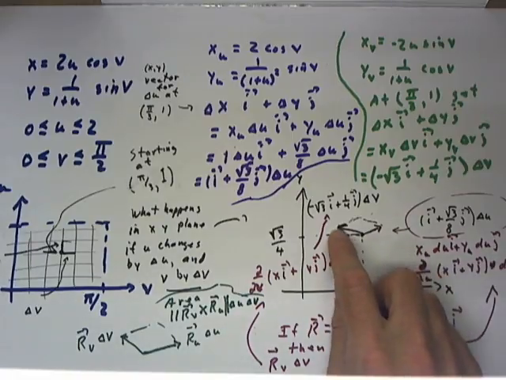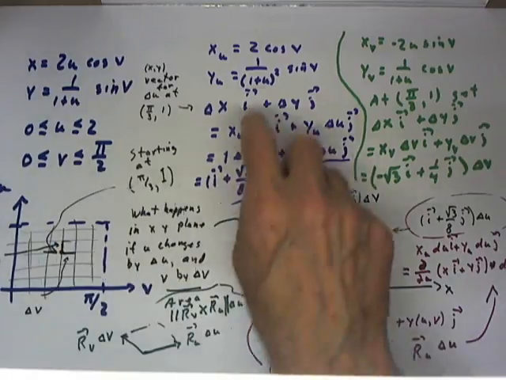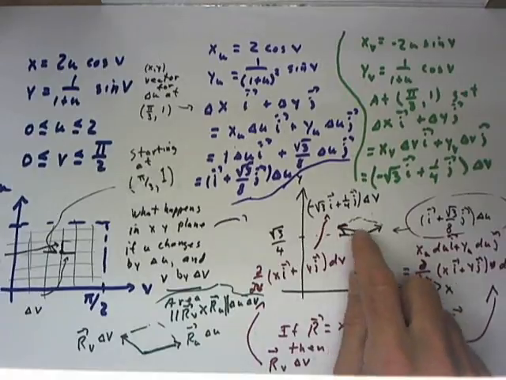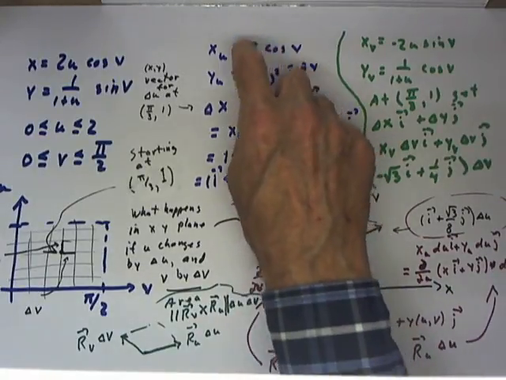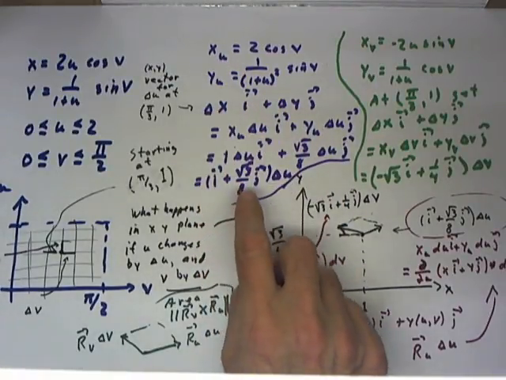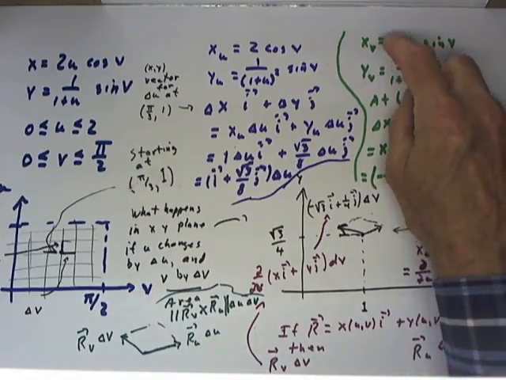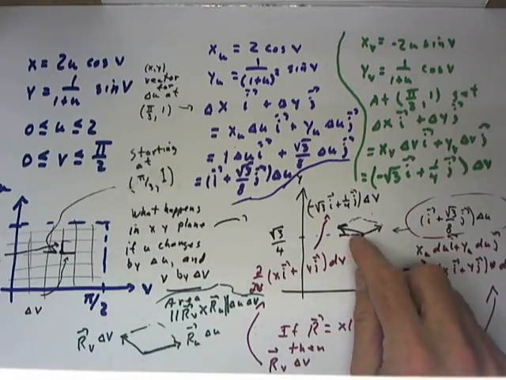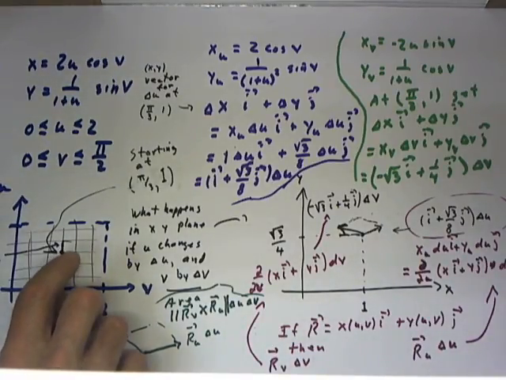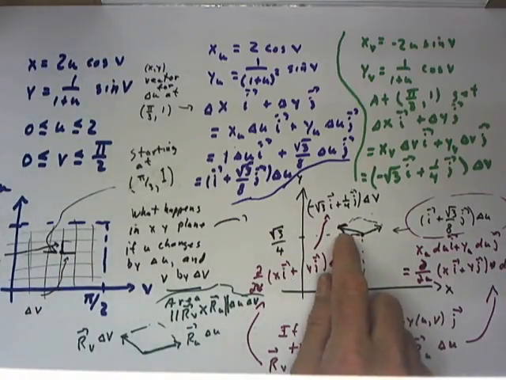The vectors bounding the parallelogram are easily found by considering the change in u, the effect of the change in u on the position in the x and y plane, using the partials of x and y with respect to u, building up this vector, and doing the same thing with the partials with respect to v, building up a vector that corresponds to the delta v on this increment in uv space, a vector in xy space corresponding to that displacement.